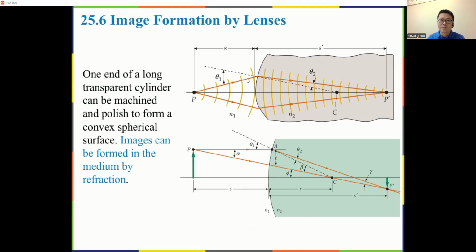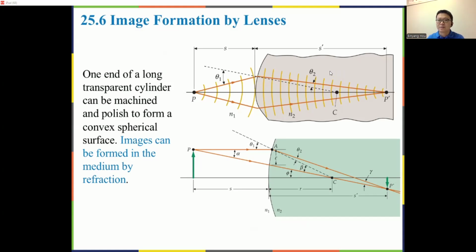Okay. Similarly here, if you have an object P, you draw two rays out of that again, then apply Snell's law on the two locations where the rays hit, and then those two will intercept at some point P prime here. Or in some scenarios you might not have them intercept.